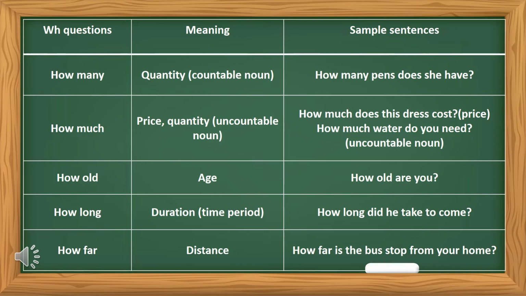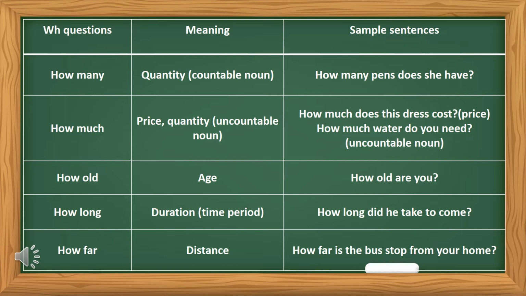That dress costs maybe 500 taka. So when it indicates price, we have to use how much. Then, how much water do you need? We know that water is an uncountable noun. So when we see the statement indicates an uncountable noun, we have to use how much.